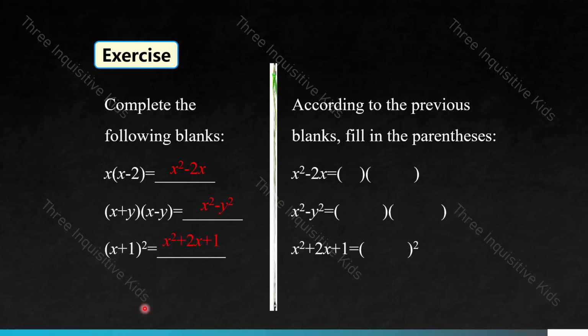And you'll see that all of these are using formulas that we have learned before. Now, according to these previous blanks, can we fill in the parentheses? Now you'll see that it's just the reverse operation. We have x times (x minus 2), (x plus y) times (x minus y), and (x plus 1) squared.